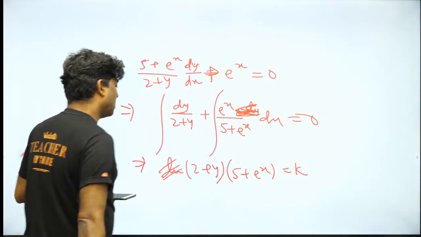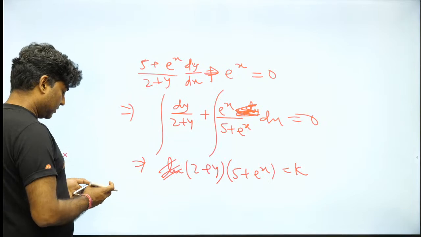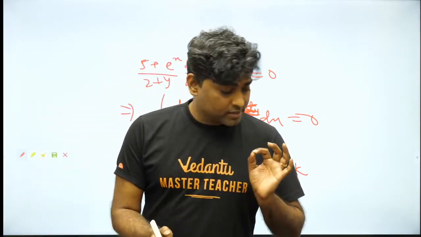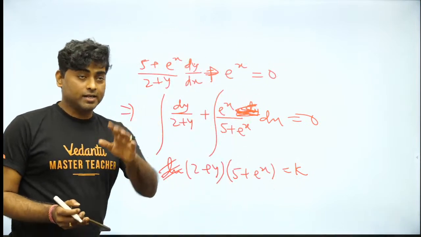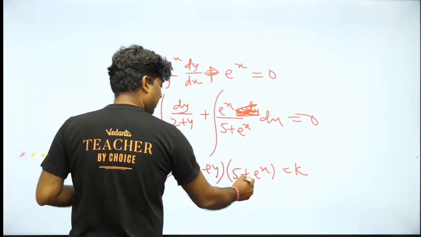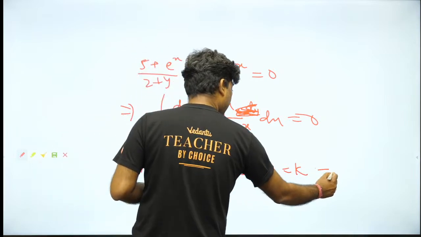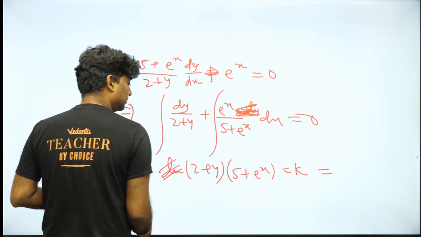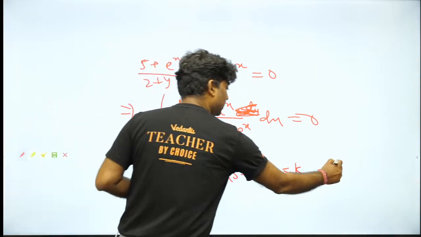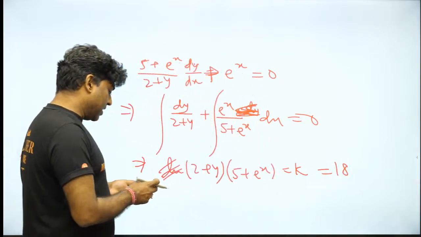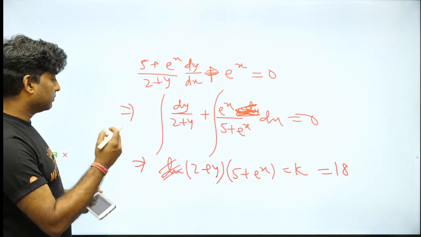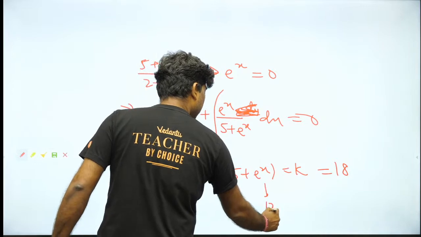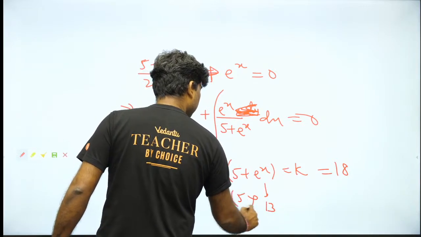So when we integrate it, we get ln of (2 plus y), and we can cancel this, because here also you will get ln, log is equal to k, right? So this is the final curve, and the point is given, the boundary condition: y is 1 when x is 0. So from here we can find the value of k: put y as 1 and x as 0, then 6 into 3, 18.